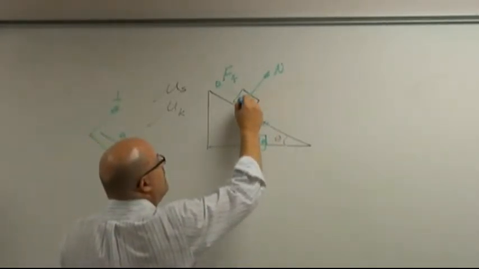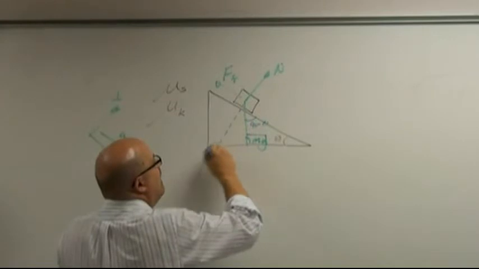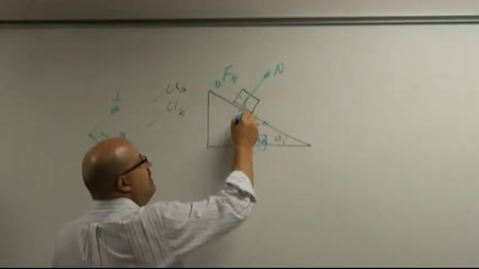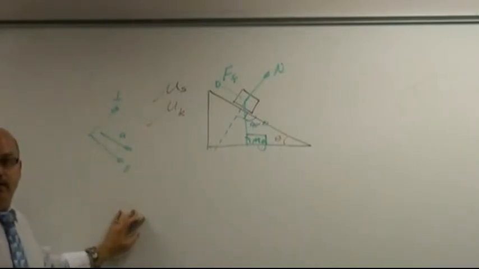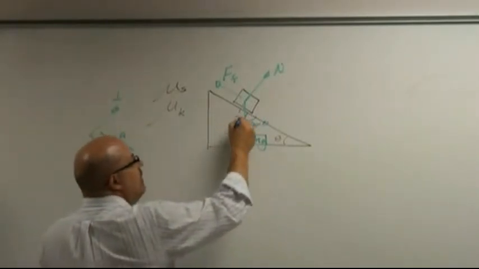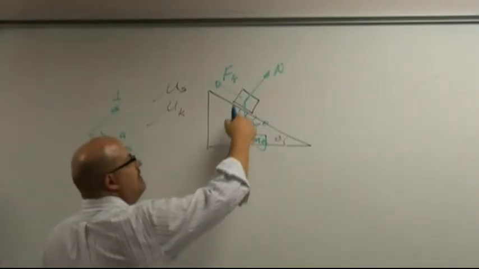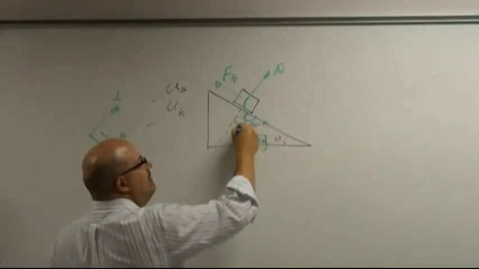Now, if I draw a line down this way, you see this? From here to here, that's 90. So what's this angle? Let's see. If that's 90, and that's 90 minus theta, that makes this theta.